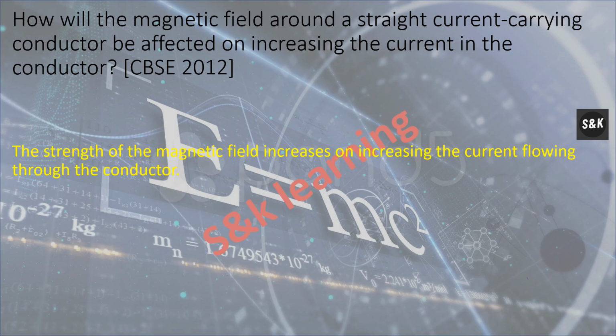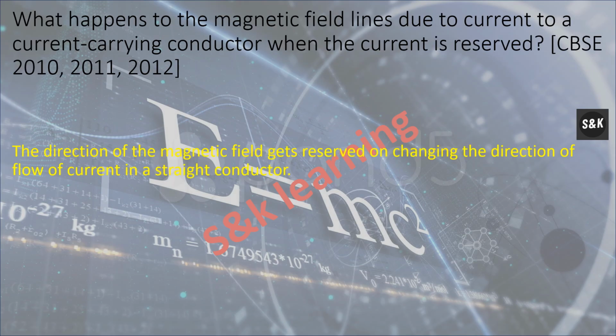The strength of the magnetic field increases on increasing the current flowing through the conductor. What happens to the magnetic field lines due to a current carrying conductor when the current is reversed? The direction of the magnetic field gets reversed on changing the direction of the flow of current in a straight conductor.